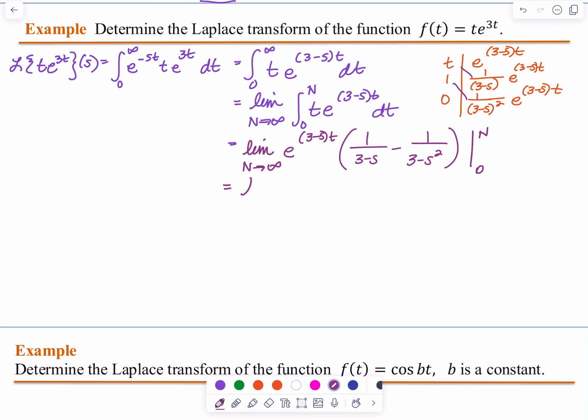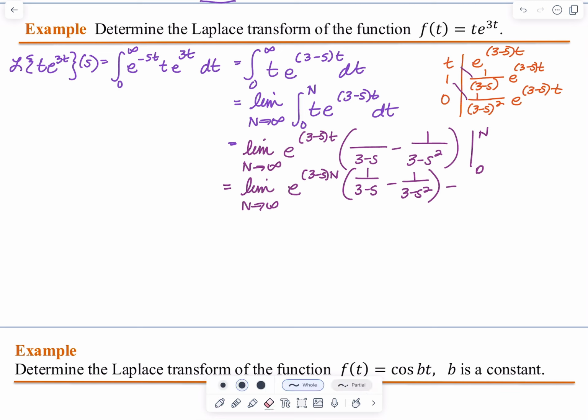Okay, so we have the limit as n approaches infinity, and we'll go ahead and put our n in there. So we have e to the 3 minus s multiplied by n, multiplied by 1 over 3 minus s minus 1 over 3 minus s squared minus, I can see that I made a little error here, and so this will be an n.